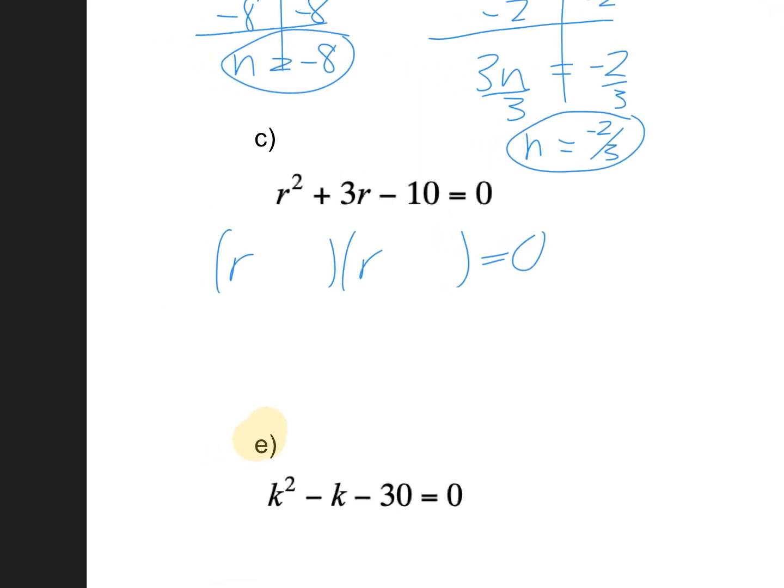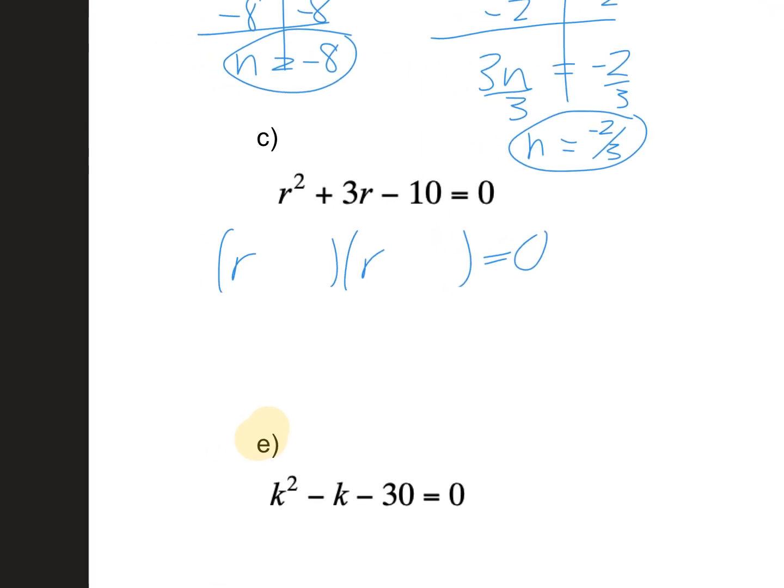And then we can use our product sum to try and figure this guy out. So my sum, or my b value, is 3, because I have a 3 in front of my r. And my c value is -10, right?